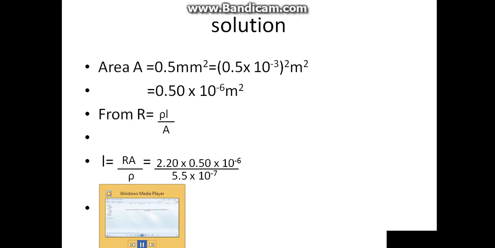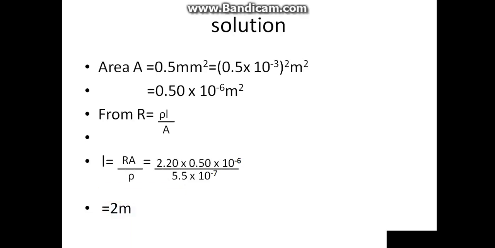From capital R equals rho L all over A, L is equal to capital R times capital A all over rho, which equals 2.20 times 0.50 times 10 raised to power minus 6 all over 5.5 times 10 raised to power minus 7, which gives us 2 meters.